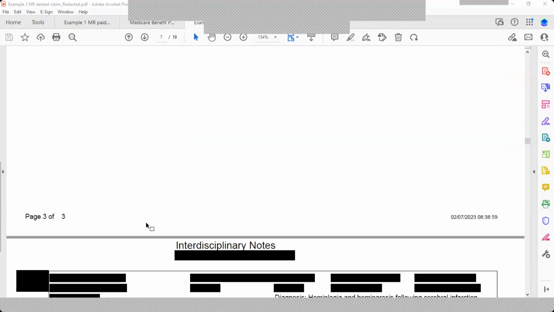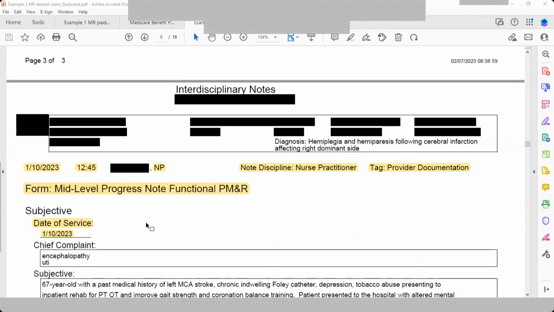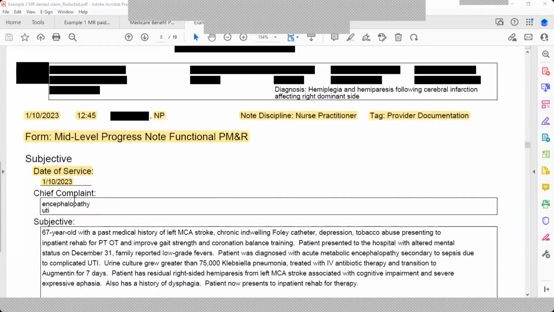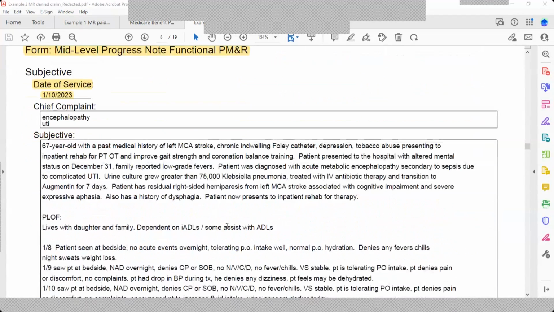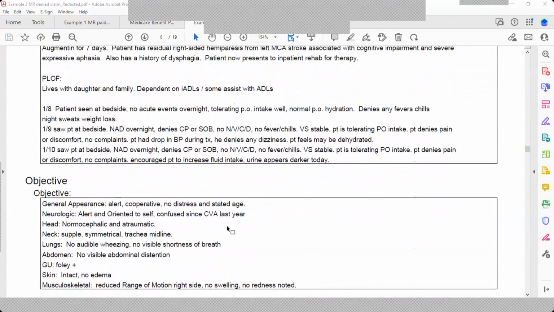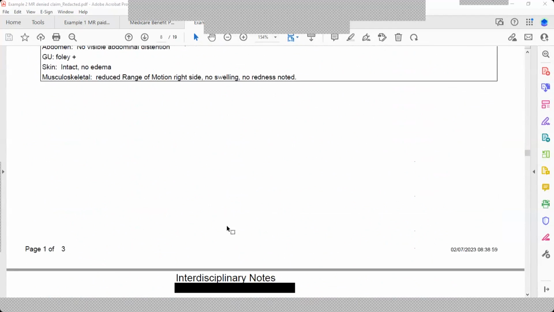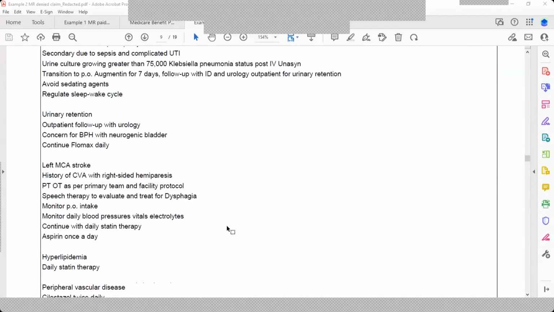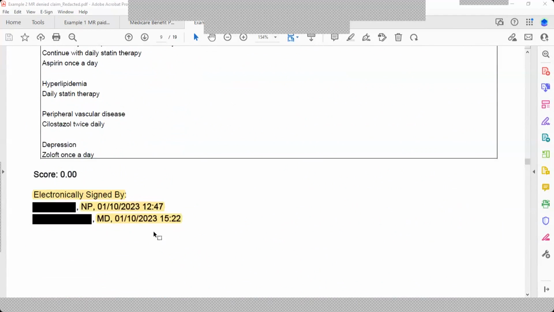On this next note, we can see the nurse practitioner completed the note and the face-to-face visit on January 10th, 2023. And then she electronically signed, dated, and timed the note on January 10th. And then the physician also co-signed this note on January 10th, 2023.